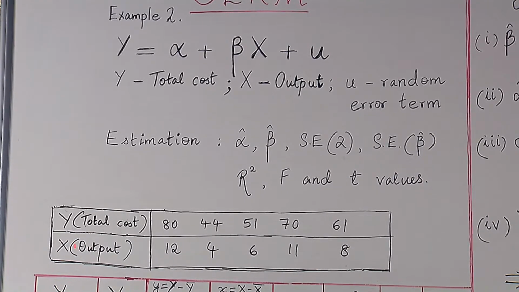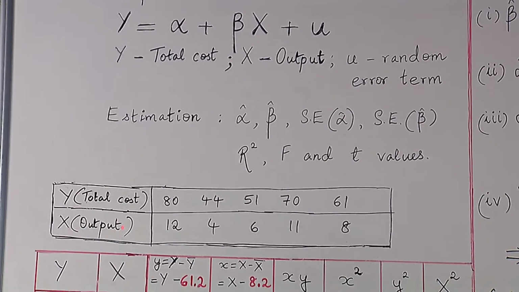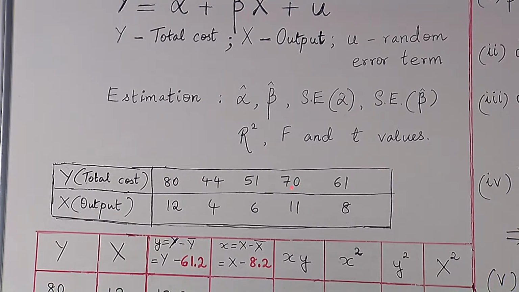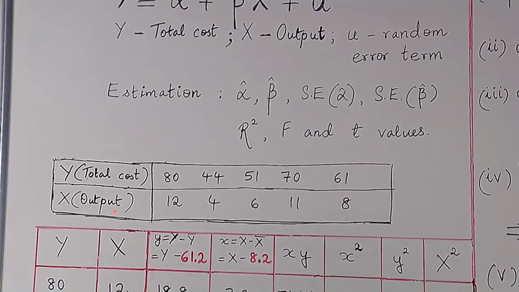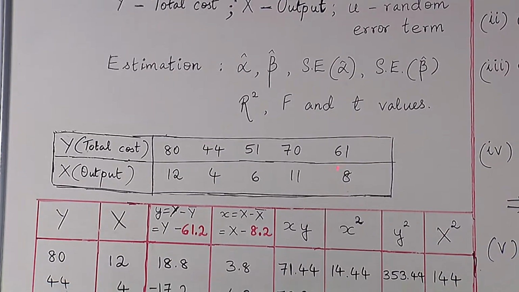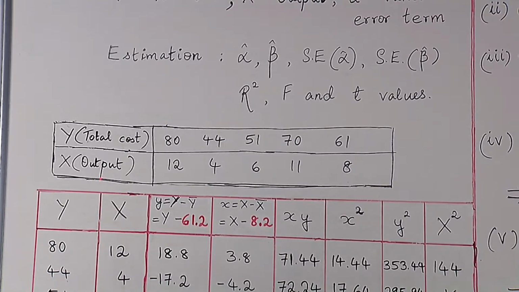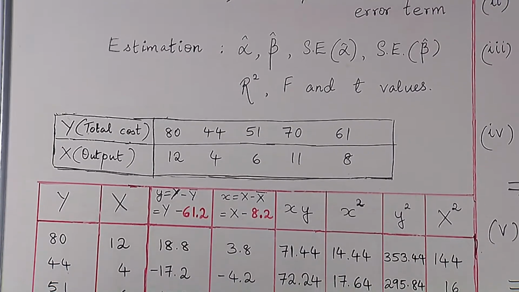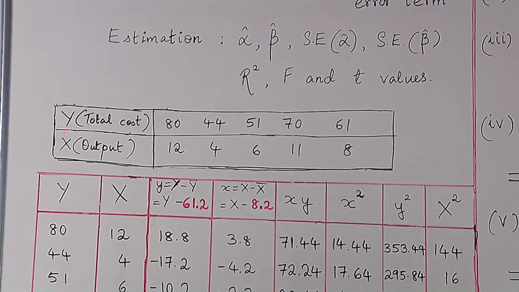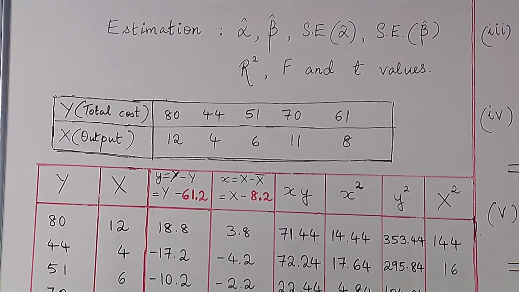So, let us consider this example where y is total cost and x is output, and the total cost given is 80, 44, 51, 70, 61, and the corresponding output is 12, 4, 6, 11, 8. Overall 5 data are given in this case. For computation of the estimates, we have to arrange y in column-wise form.